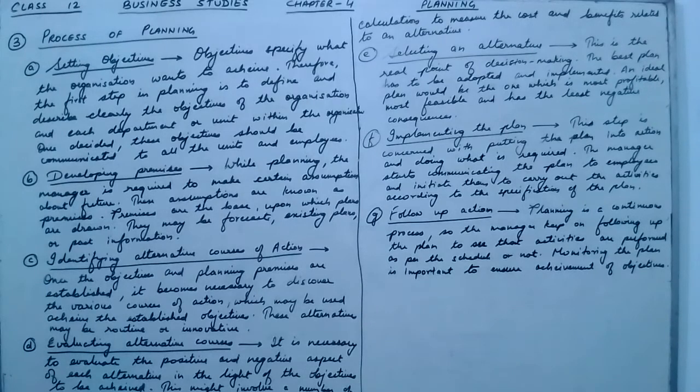It is necessary to evaluate the positive and negative aspects of each alternatives in the light of the objectives to be achieved. This might involve a number of calculations to measure the cost and benefits related to an alternative.